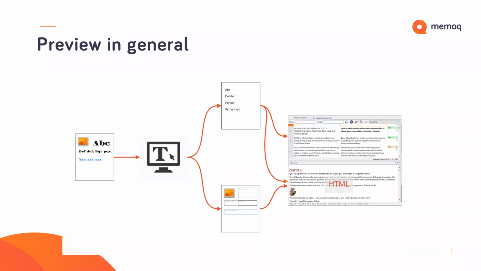With Microsoft Visio, for example, the magic machine that we are using absolutely cannot generate an HTML version. This is why we don't have a preview in the new Visio filter. So in these cases, it also happens that you do have the translatable text, but in a maybe absolutely not formatted way.